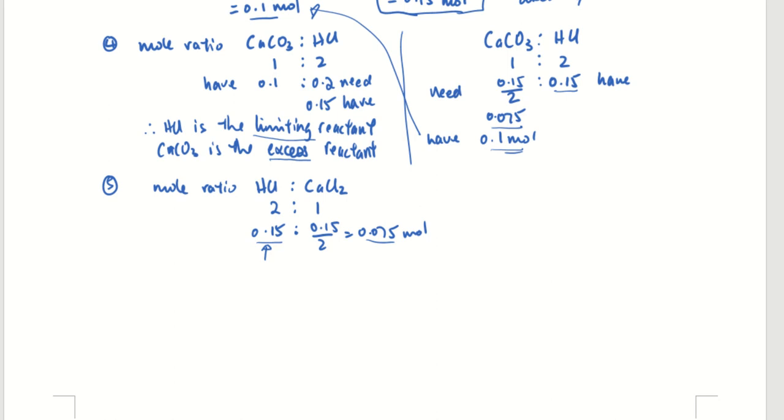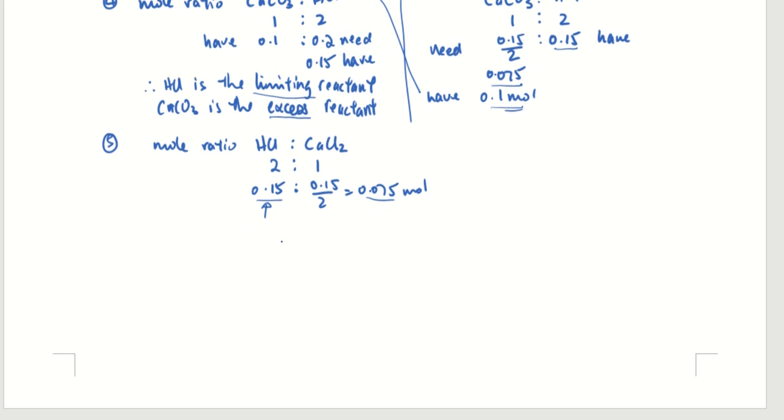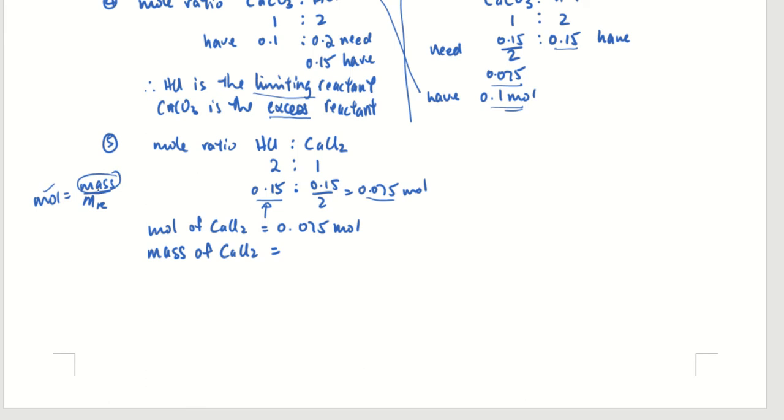Okay, so we now know the mole of calcium chloride formed is 0.075 mole. So in order for us to find the mass of calcium chloride, we use this equation. Remember, mole is equal to mass divided by Mr. So if we want to find the mass, we multiply the mole by the Mr.